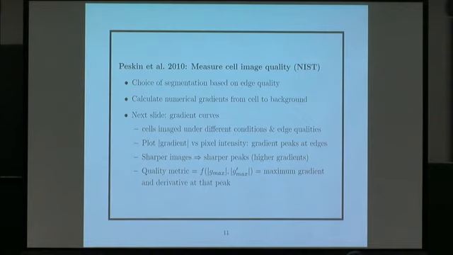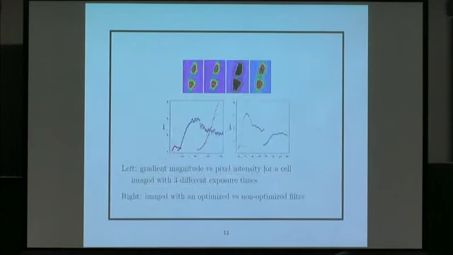She found that by plotting the absolute value of the gradient versus the pixel intensity, this curve seemed to have peaks, and that sharper images correspond to sharper peaks. And so she developed a quality metric that involved the gradient and the derivative of the gradient at that peak. At the top are 4 plots, and at the bottom are 3 of these curves.